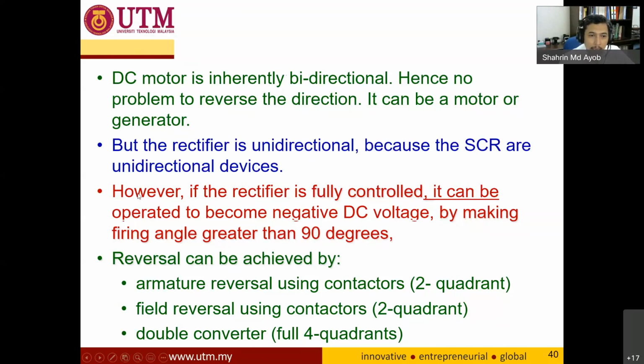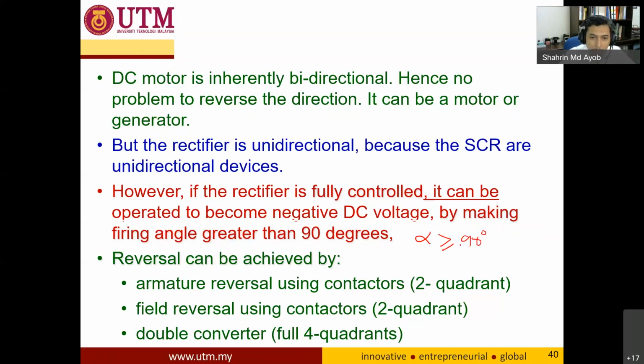However, if the rectifier is fully controlled, meaning that you are using SCRs, it can be operated to give negative voltage. So you can have your VA, the terminal voltage, to be positive or negative. To be negative, your alpha should be higher than or equal to 90 degrees.